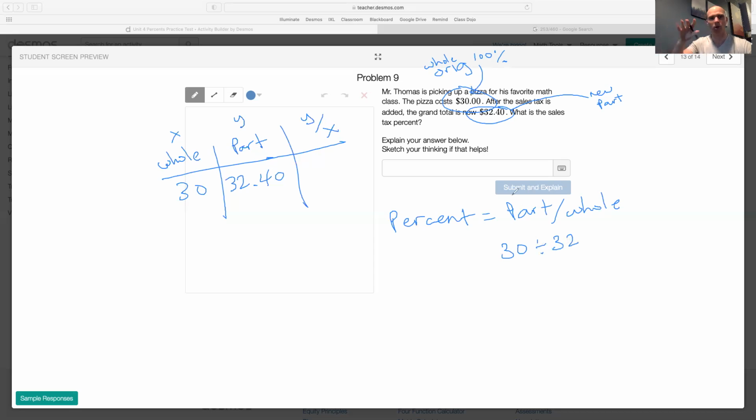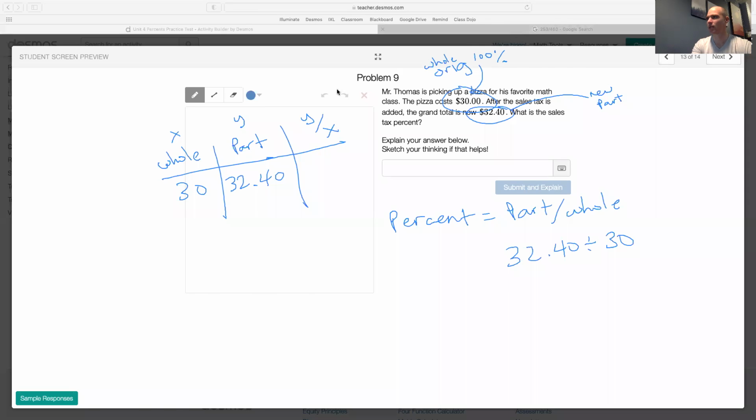Nope, wrong way. Messed it up. Geez, I made a few little mistakes in this video. So make sure you're doing the part, which is the newer value, the 32.40, divided by the whole, which is always the original value before you do any percent increase or decrease. So we want 32.40 divided by 30. And so this should come out just a little bit bigger than 1, or probably like 1.0 something, I'm not sure.